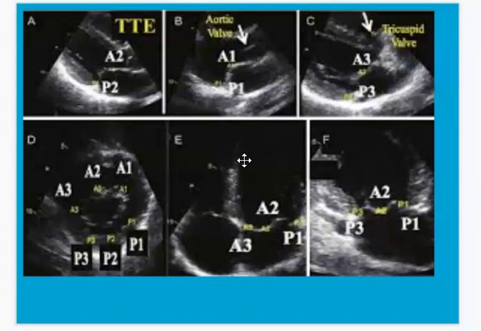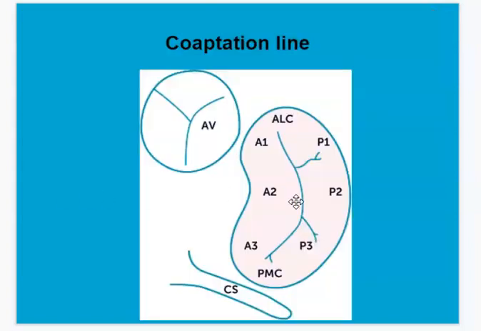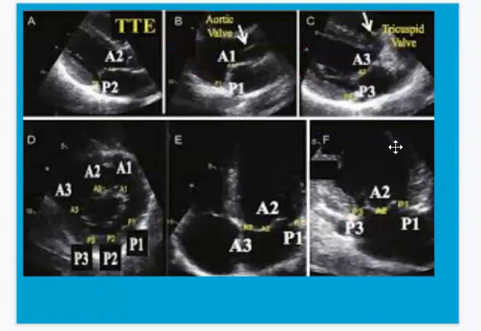Then if you go into the 4-chamber view, you'll see A3, P1 primarily. A2 may sneak in there, and then P1, P3, and the 2-chamber view, where we're going right down the middle of the valve. That would be the same, either transthoracic or transesophageal echo, right down the middle of that coaptation point.